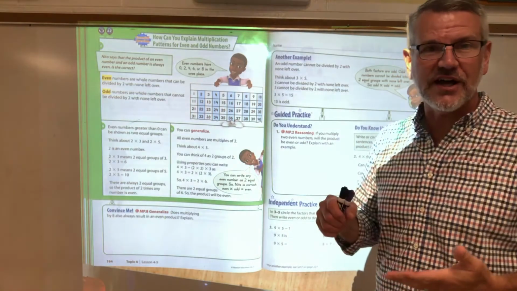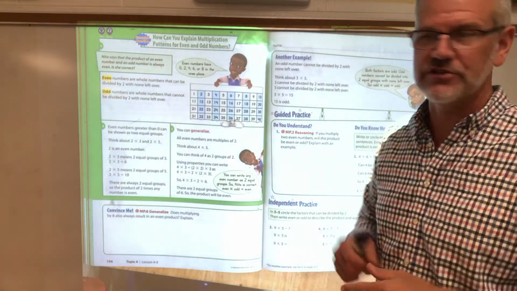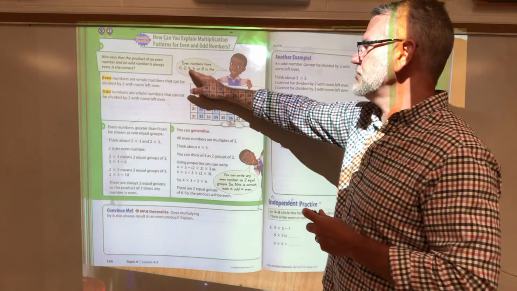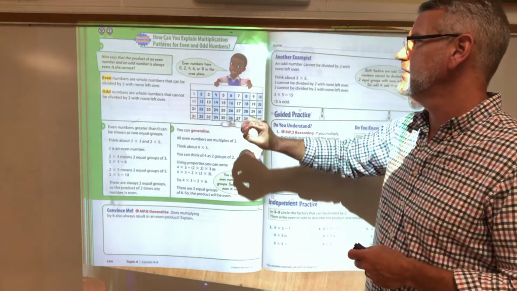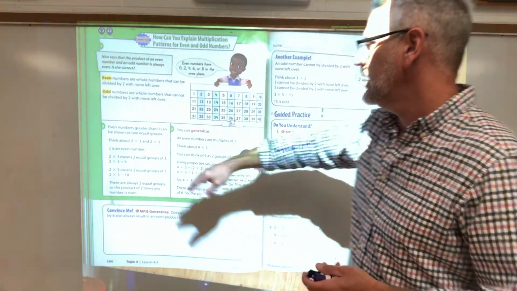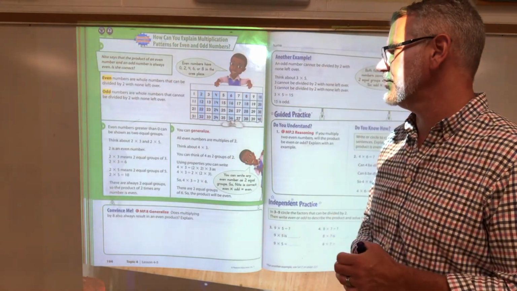Okay, evens and odds. You've learned this probably in first, maybe even kindergarten, first grade, second grade. You talked about even and odd. Even numbers end in 0, 2, 4, 6, 8. But there's a pattern that goes with multiplication involving evens and odds. So let's take a look at this. Even numbers greater than 0 can be shown as two equal groups.